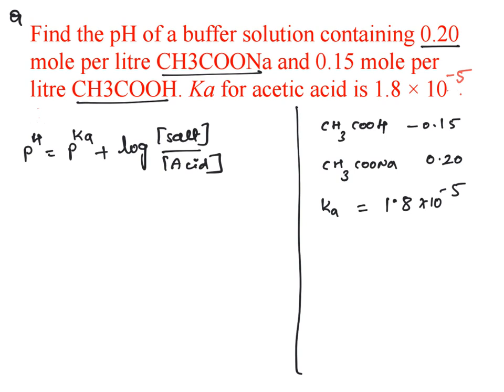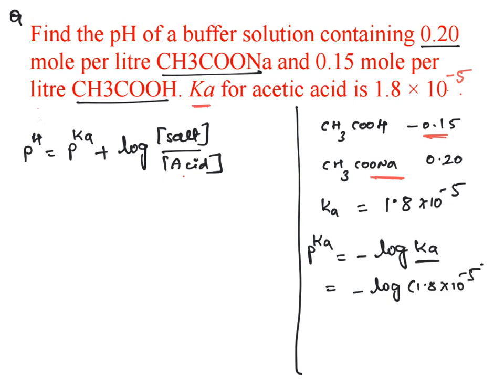So they have given the salt concentration, that is sodium acetate, the acid concentration, and Ka, but we require pKa, and the formula is pKa equals minus log Ka. By applying minus log of 1.8 times 10 to the power minus 5, we can calculate pKa.